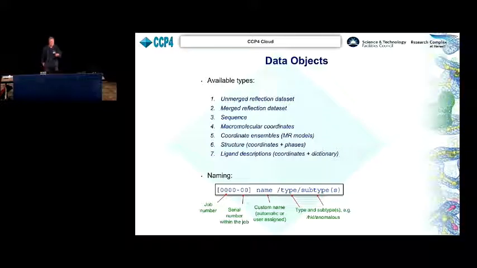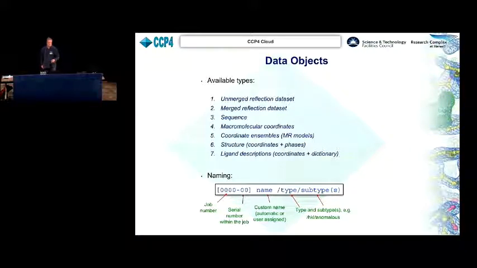There are different kinds of data objects, like unmerged or merged reflection data, sequence data, coordinate ensembles for molecular replacement, or the structure including the coordinates and phases, or ligand descriptions. Each data type has a unique name.